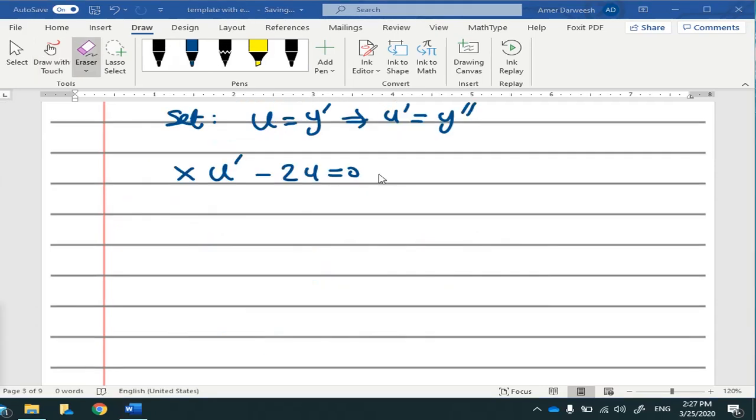So I will separate x and u. Now the equation is x u prime equals 2u.